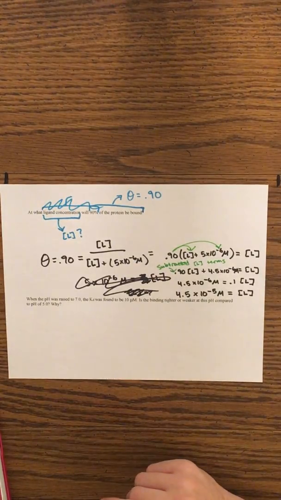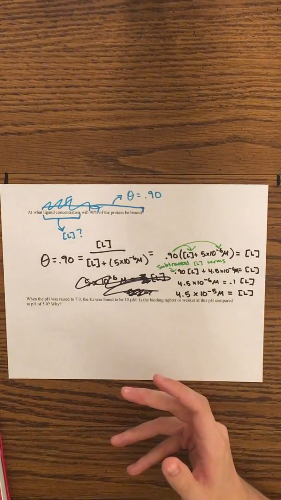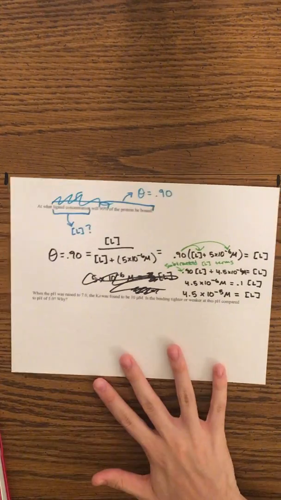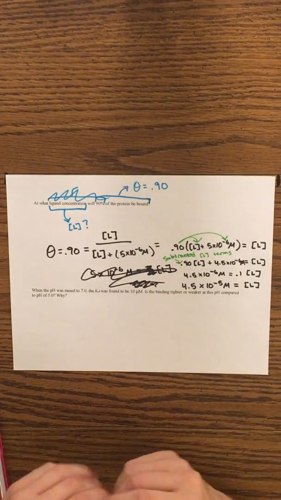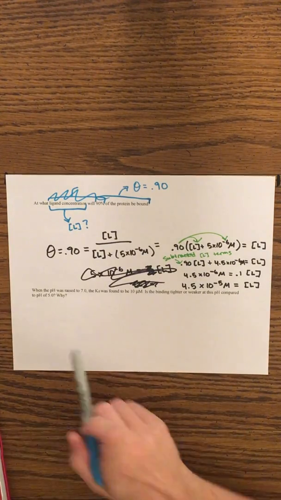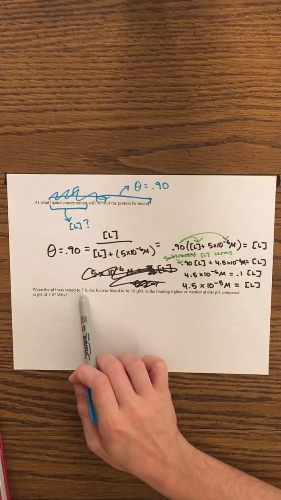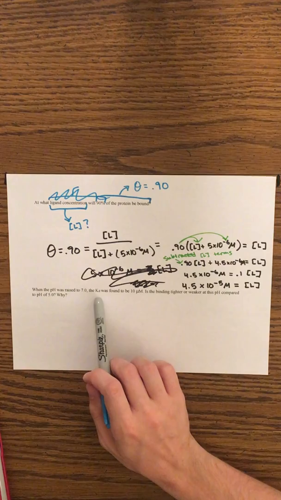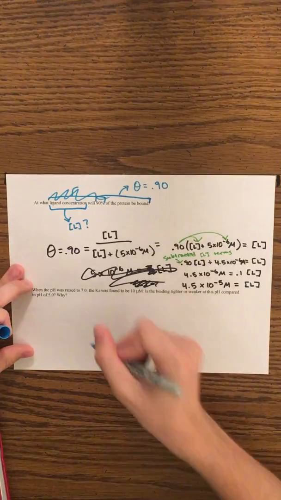All right, and then our last question is a little bit less quantitative. We're not going to be computing as much as just conceptually wrapping our heads around what's going on when we have these protein-ligand binding situations. So what this experimenter did was raise the pH to 7.0, and what was found was that the dissociation constant was 10 micromolar.